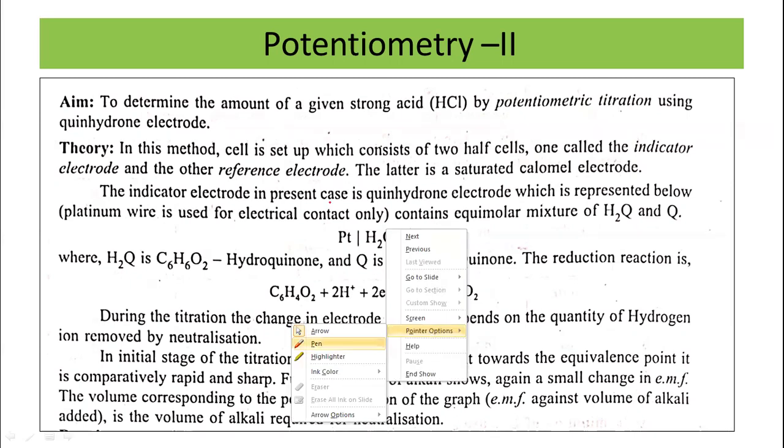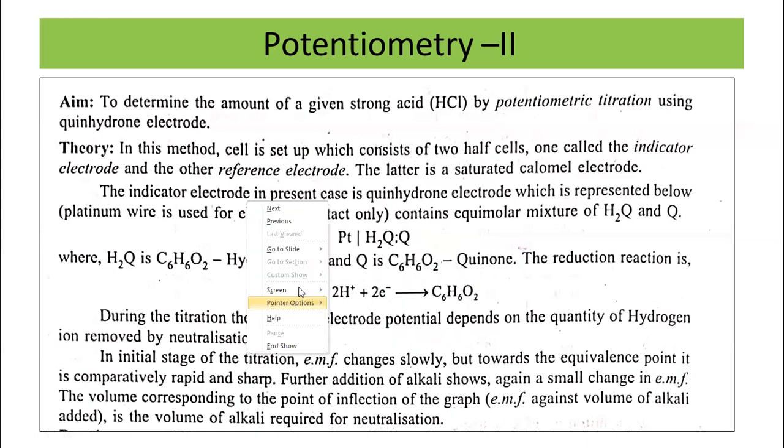So I would like to show you the construction of a chemical cell. A chemical cell is set up in this way. The two electrodes: one is a Quinhydrone electrode, and the other is a calomel electrode.